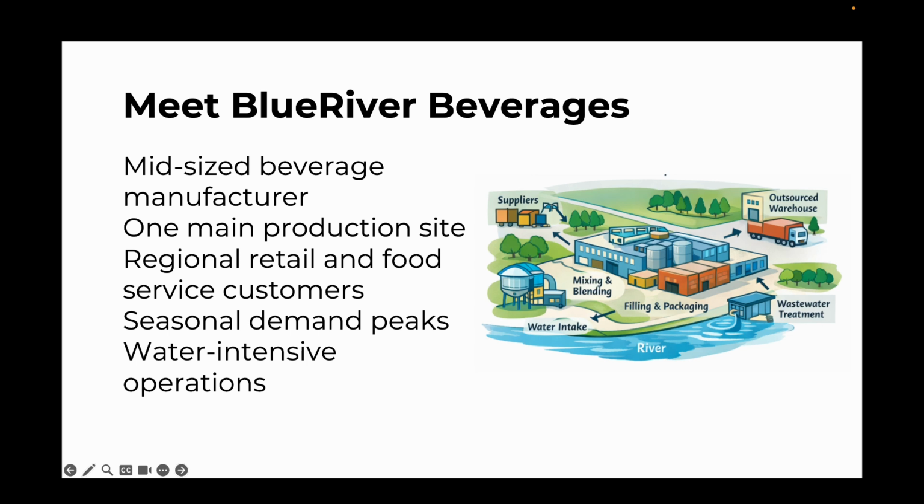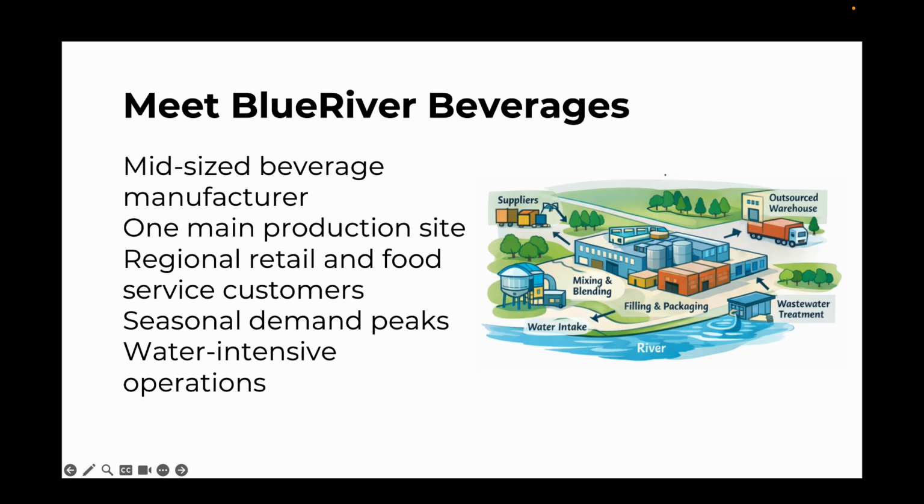Demand is seasonal. So in the hotter months, production intensity rises, cleaning frequency rises, storage pressure rises, and logistics become more complex. The plant includes mixing, blending, filling, packing, storage, dispatch, utilities, and wastewater pre-treatment.